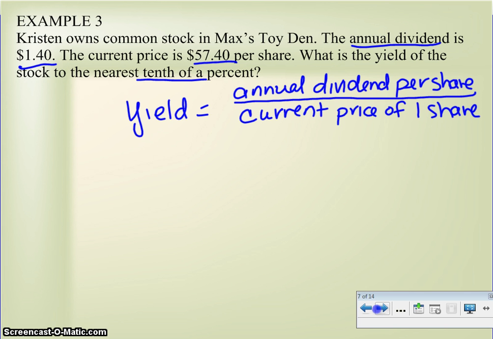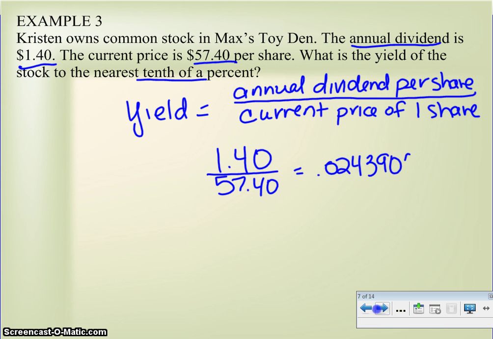So it looks like the annual dividend is $1.40. The price of a share is $57.40. So when I divide that out, I end up with 0.0243902. Or if I convert that to a percentage, it wants it to the nearest 0.1%. So moving it over twice, I'm looking at 2.4% is the yield.